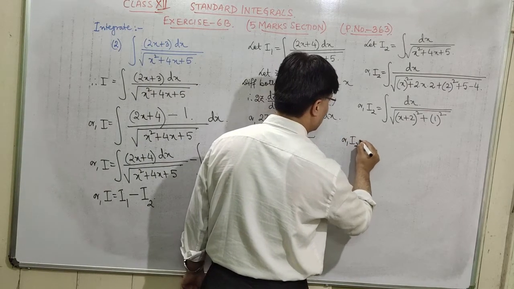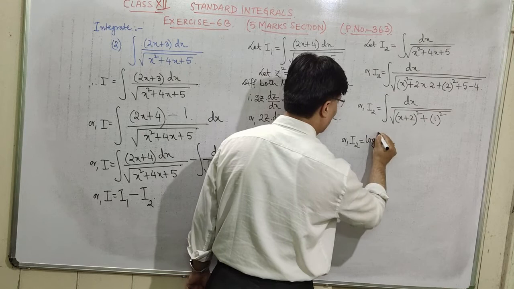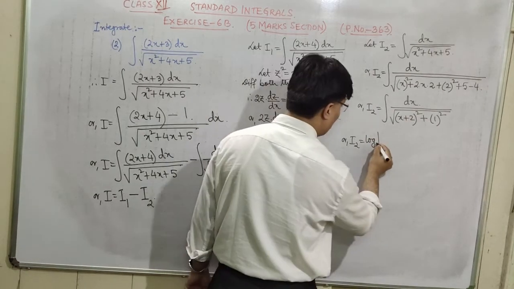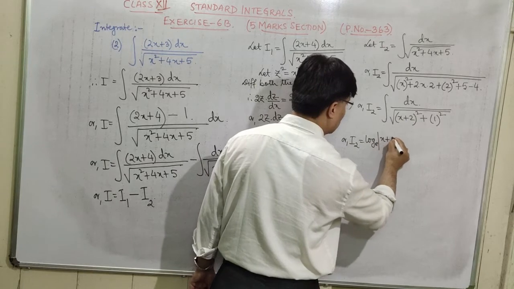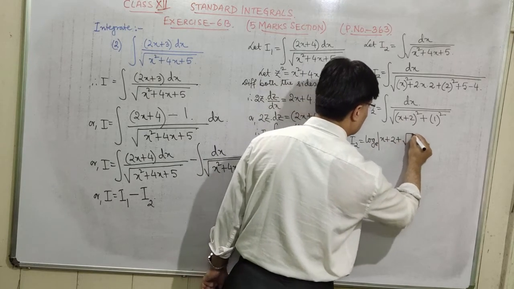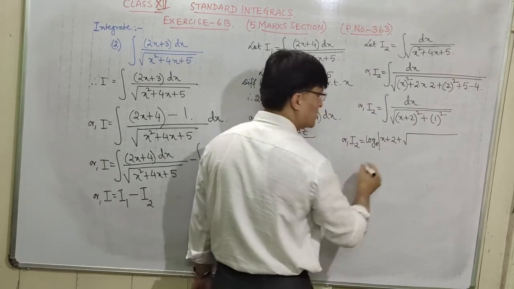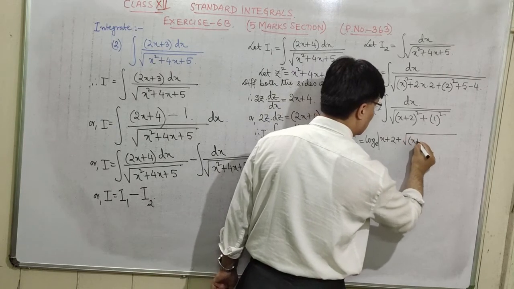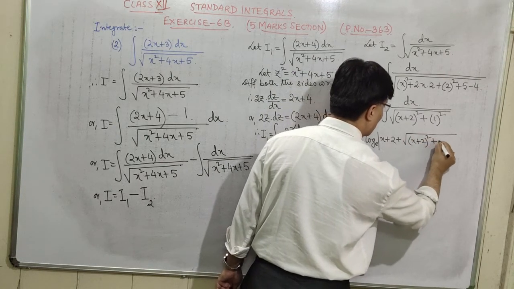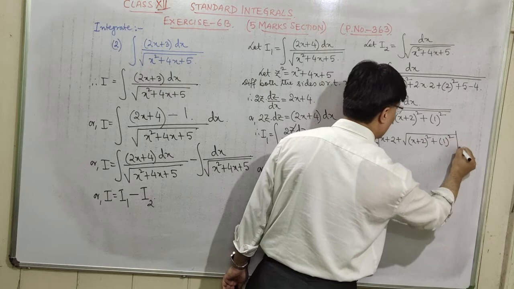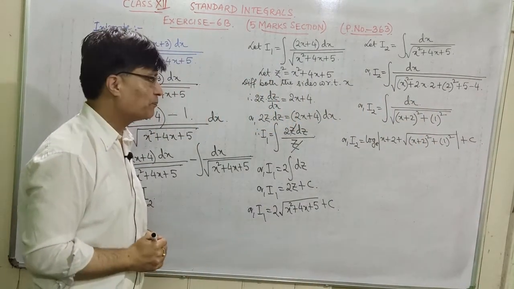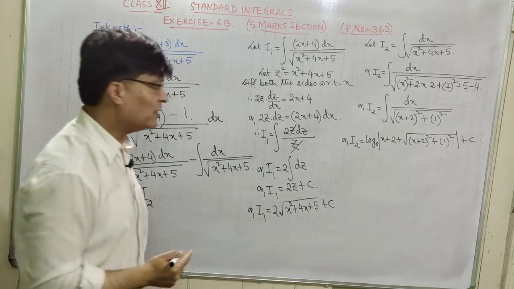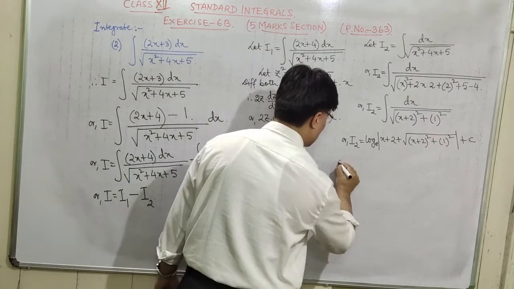I2 is equal to log, the base is e, within mod. What is x? It is x plus 2, plus root over, what is x square plus a square? This is x plus 2 whole square plus 1 whole square. Mod sign closed. Then what do we write? Plus c.